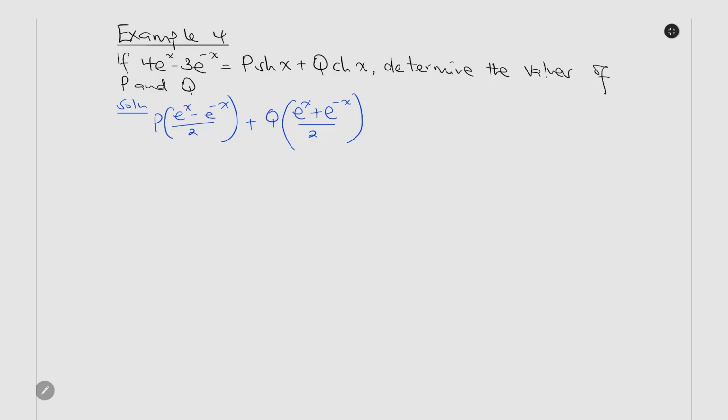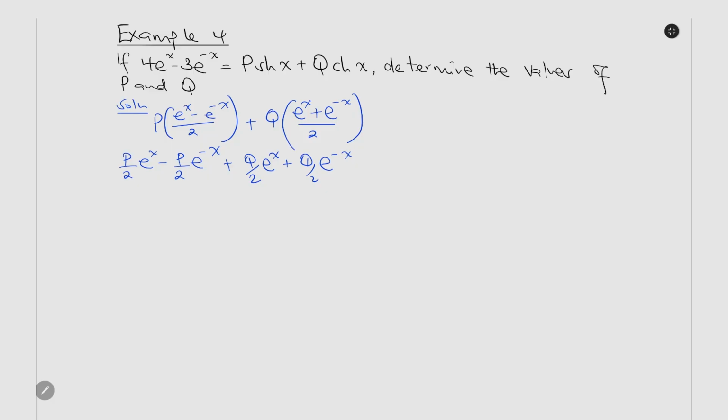So that's the right hand side. If you open the brackets, this is the same as p over 2 exponential x minus p over 2 exponential negative x plus q over 2 exponential x plus q over 2 exponential negative x.